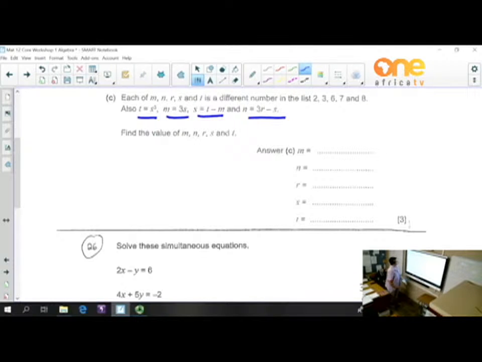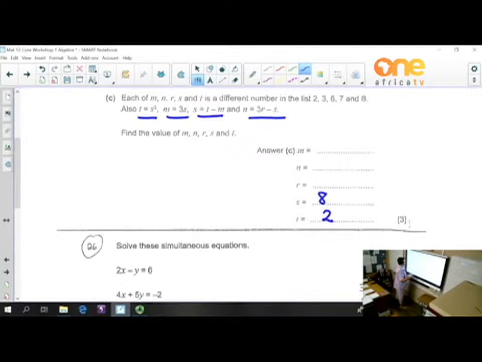So they say t is s to the power of 3. So I think s must be 2, and then 2 to the power of 3 is 8. Okay?